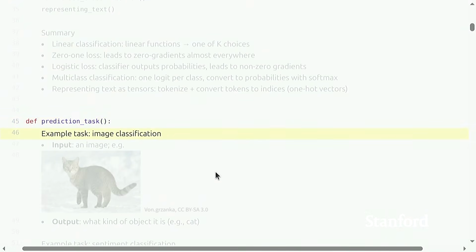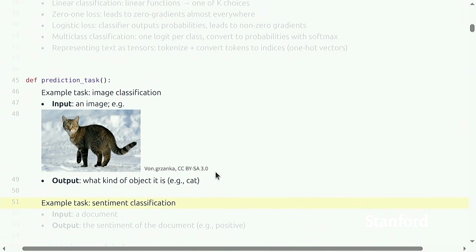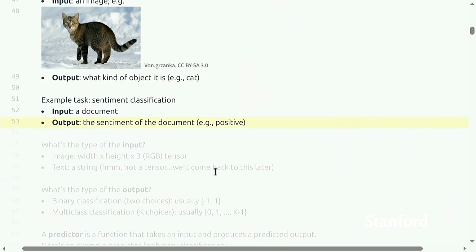An example of a classification task might be image classification. You're given an image, for example, this image, and you're supposed to output a label, which is what kind of object this is. In this case, it's a cat, I think. Another task might be sentiment classification. You're given a text document, and you're trying to output the sentiment the document is conveying, either positive or negative.